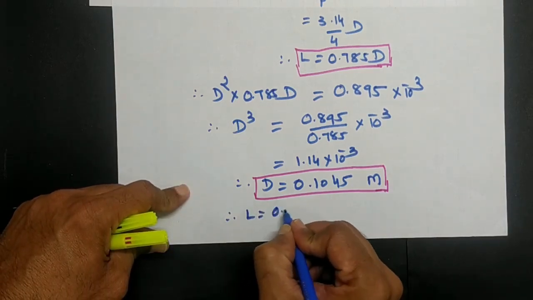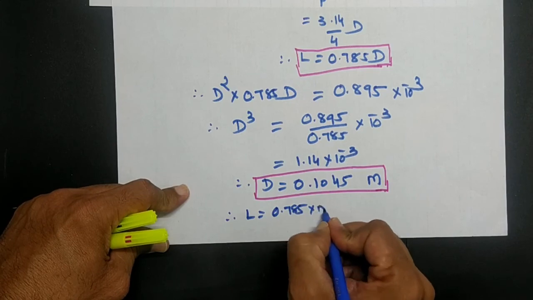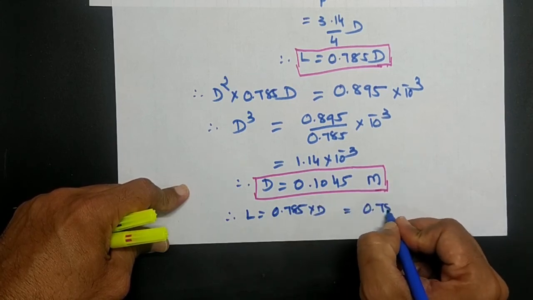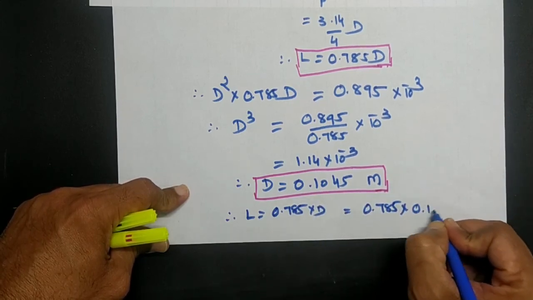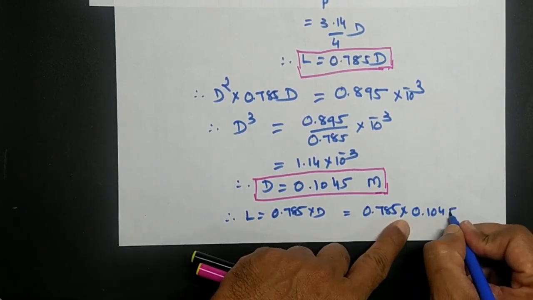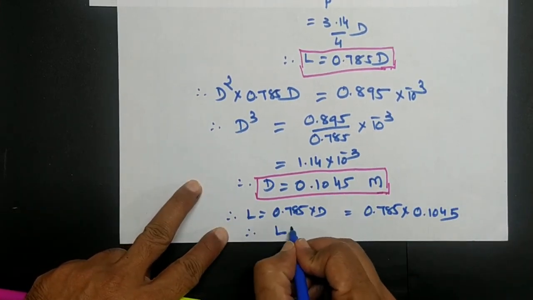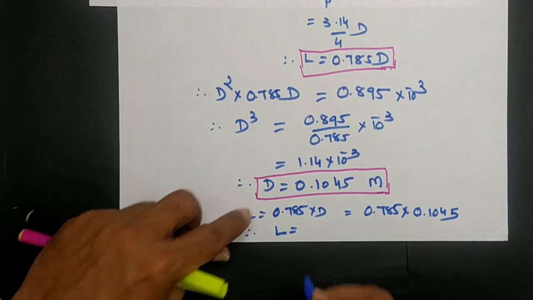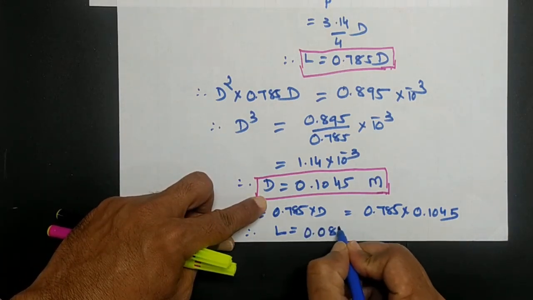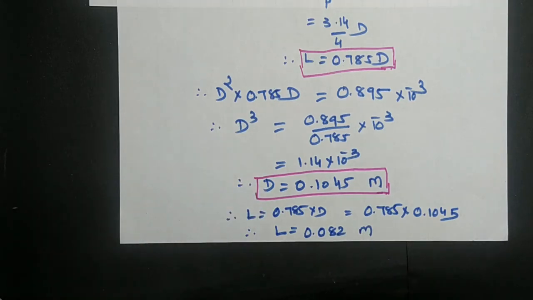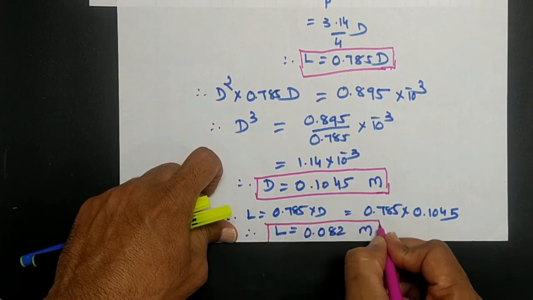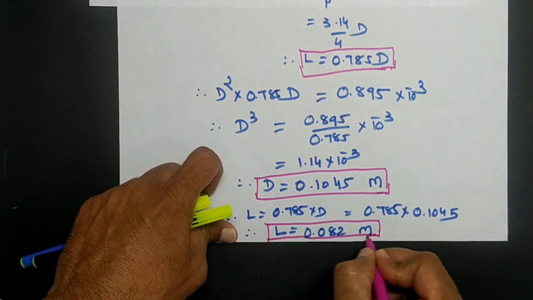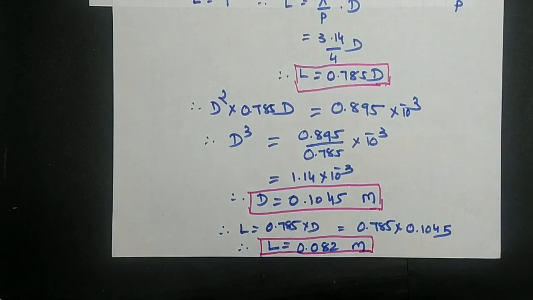And therefore L is equal to 0.785 times D, that is 0.785 times 0.1045, and therefore L comes to 0.082 meter. So this way we have calculated the main dimensions, diameter as well as length, of the single phase induction motor.